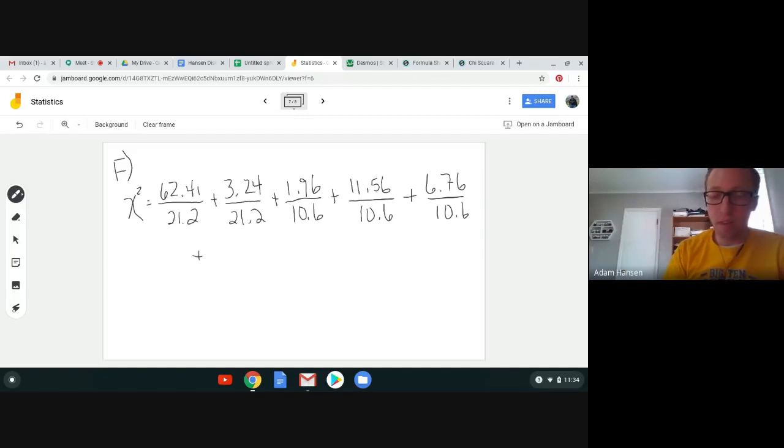Square it, that's 139.24, divided by 31.8.